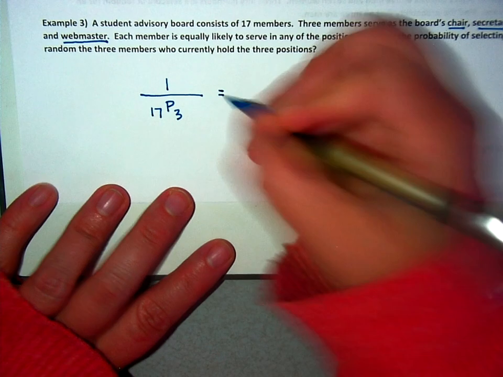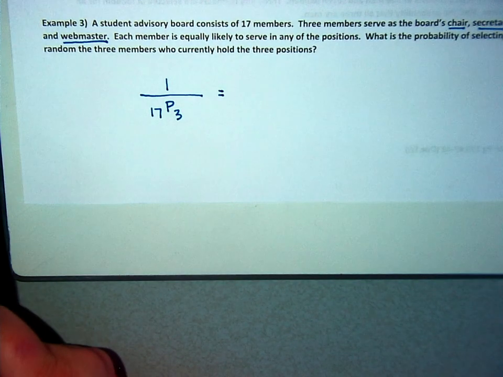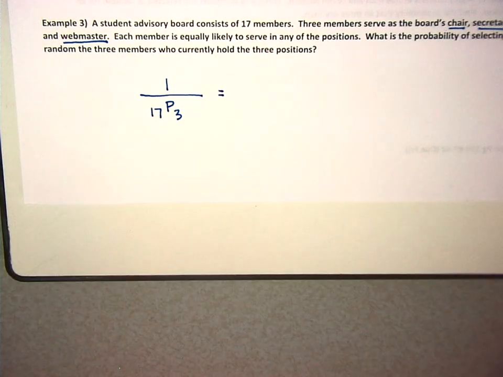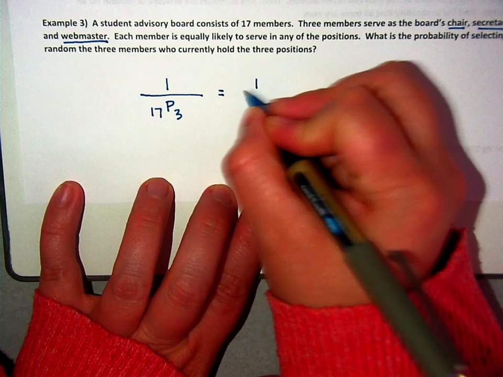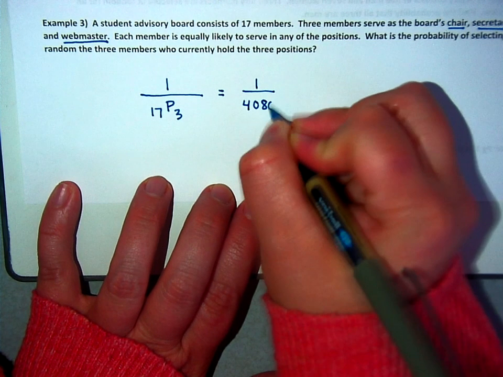So right now in your calculator, put in 7 permutation 3. Math, probability.